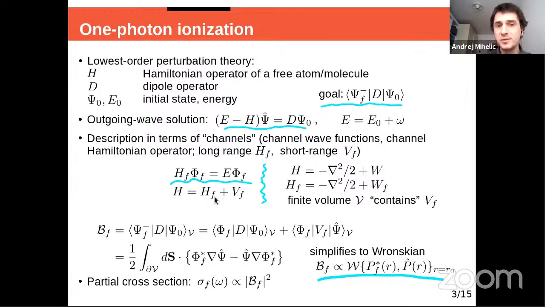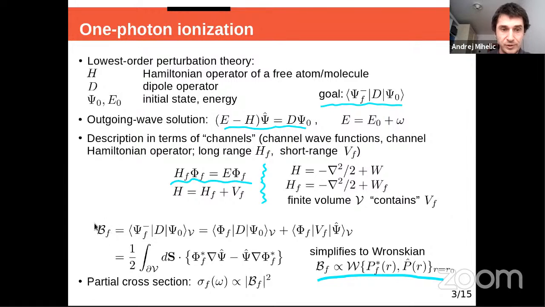In our case, we will assume that this channel Hamiltonian includes all the long-range interactions, and the rest, the short-range interactions, are included in this term VF. Furthermore, we will also assume that the volume we use to describe our wave functions is big enough so that the effect of this short-range potential dies out once we approach the boundary of this volume V.